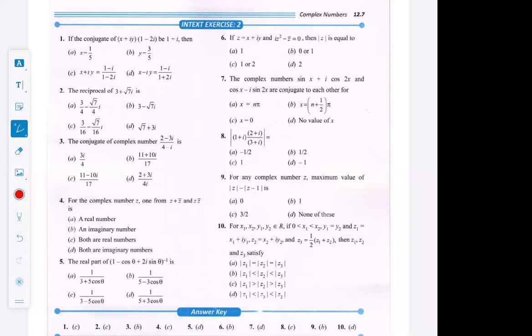What's your doubt in text 2? Any other doubt?